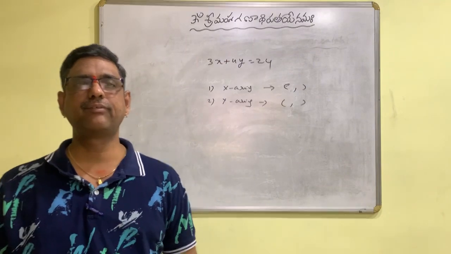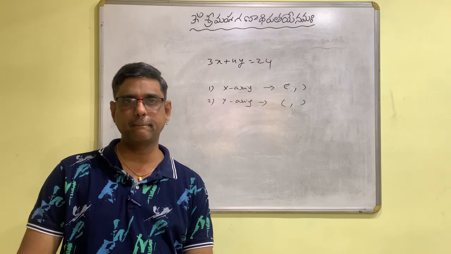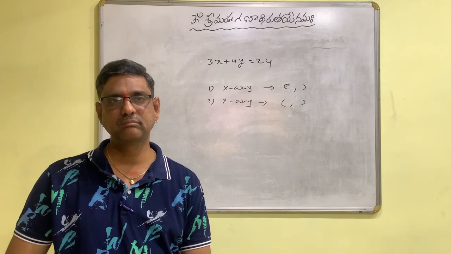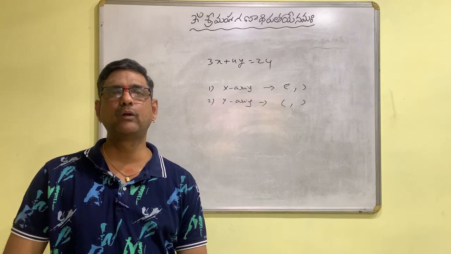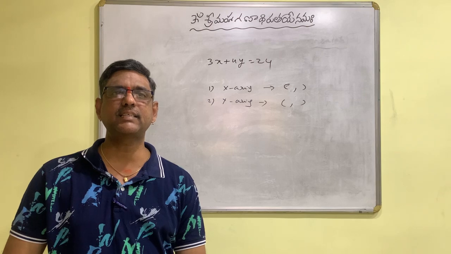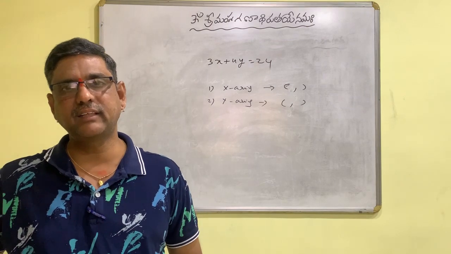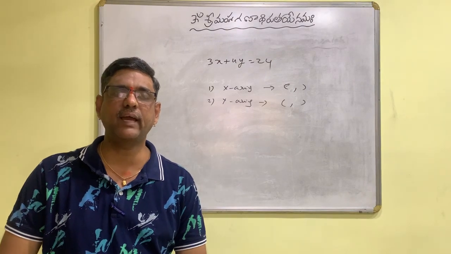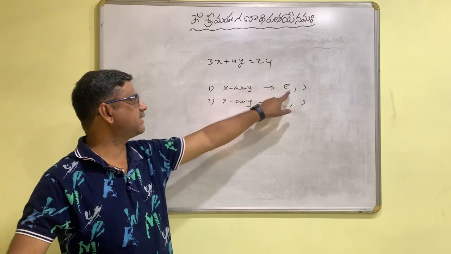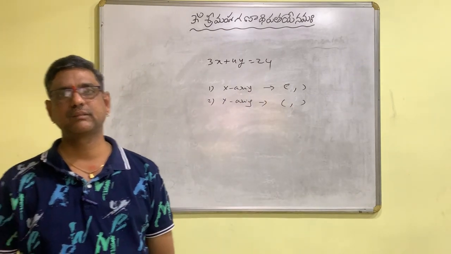Draw the graph of 3x plus 4y is equal to 24. After drawing the graph, you need to tell me whether the line is intersecting the x-axis and y-axis or not. If it is intersecting both, you need to say the point of intersection of the x-axis and the point of intersection of the y-axis.